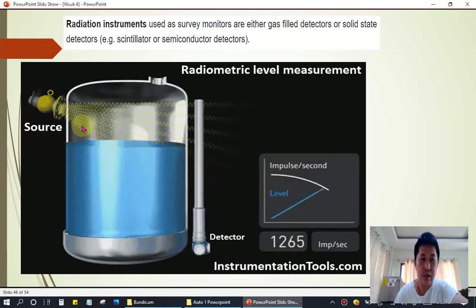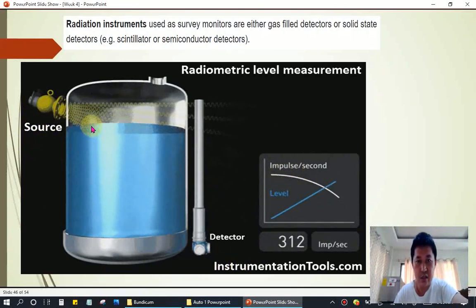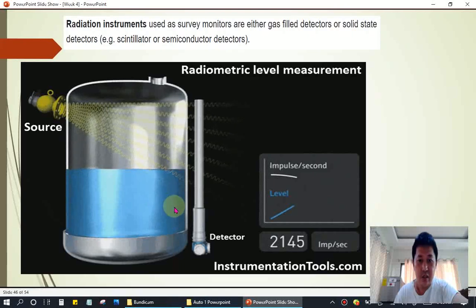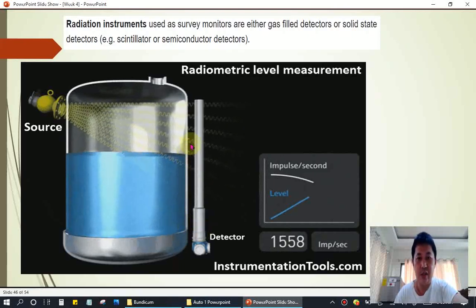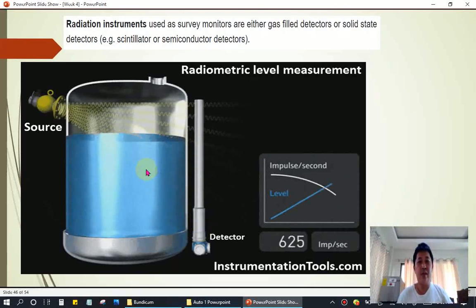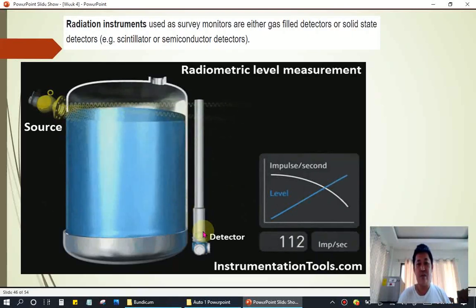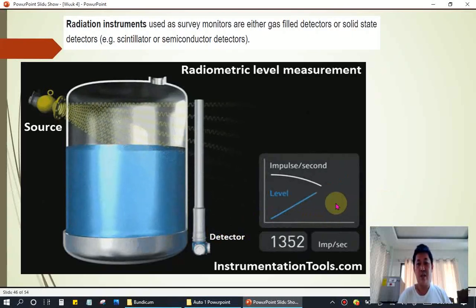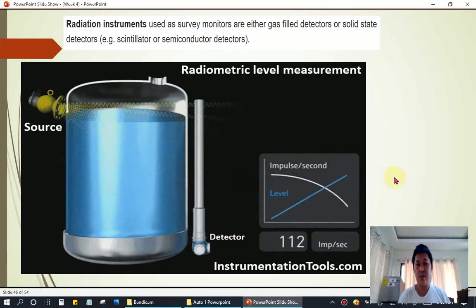There is a light here, and this light is detected by your detector. When the level of the water is going up, it is also detected here, so it is read as your digital readings.